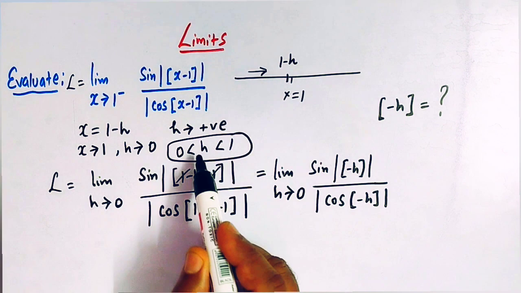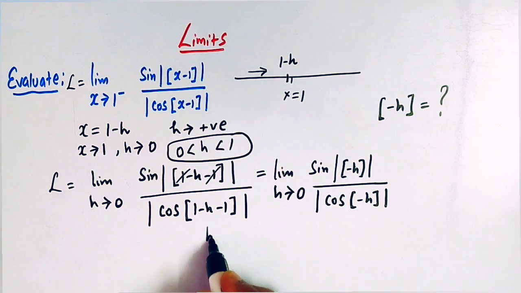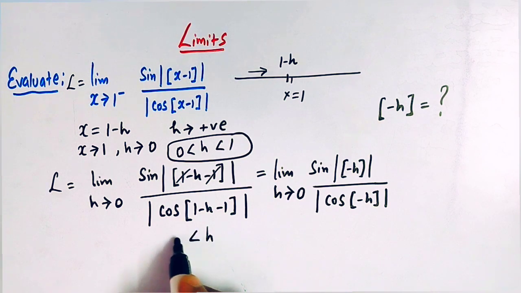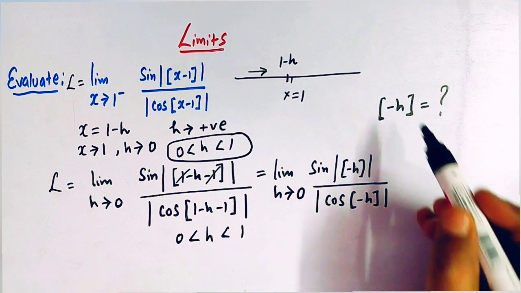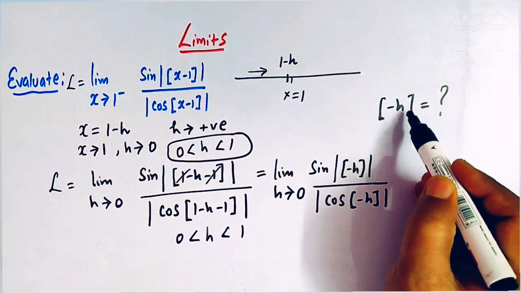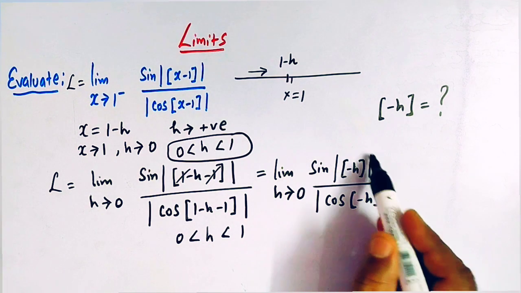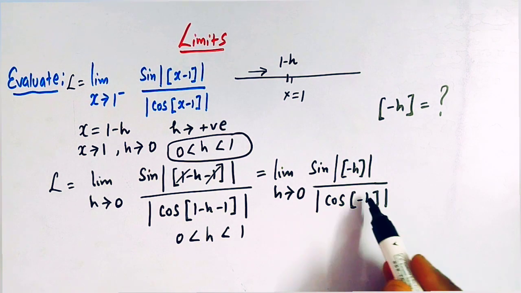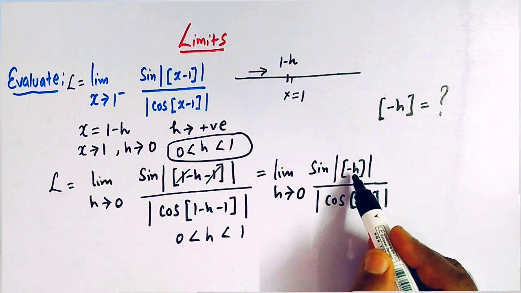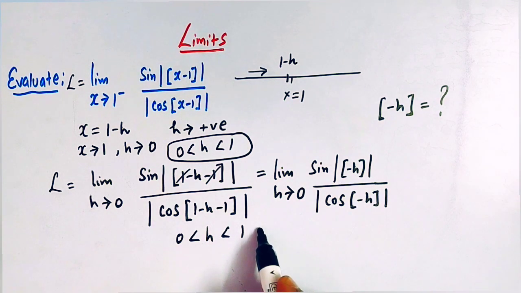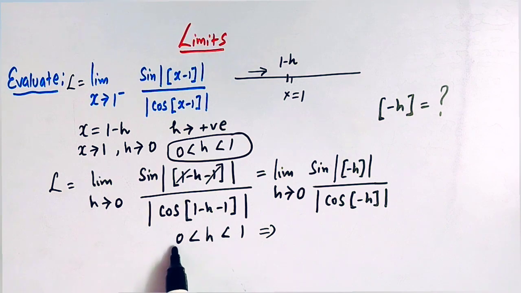Now let us take this inequality. We have h lying between 0 and 1, and we need to find the value of greatest integer of minus h, because in the numerator and denominator we have greatest integer of minus h. So we'll multiply this inequality throughout by minus 1.